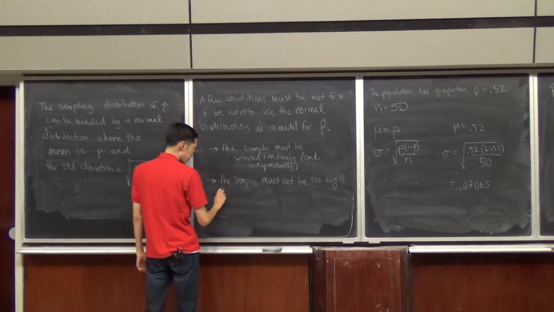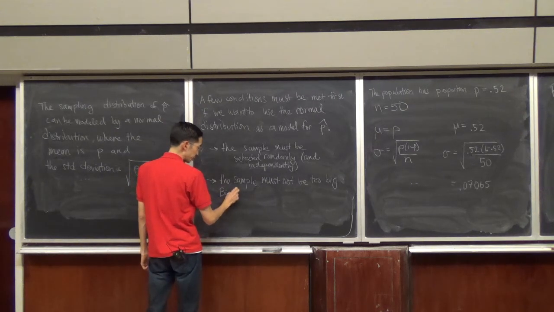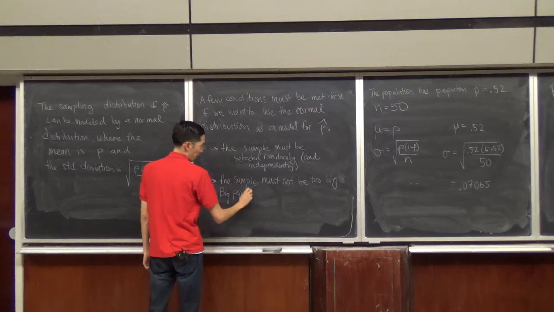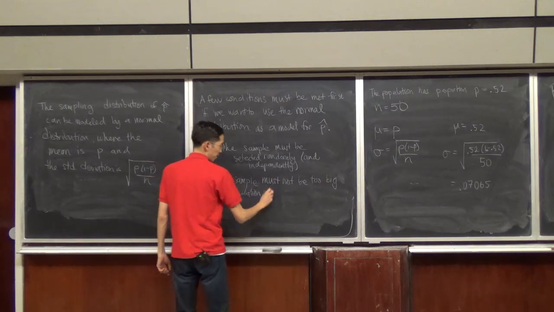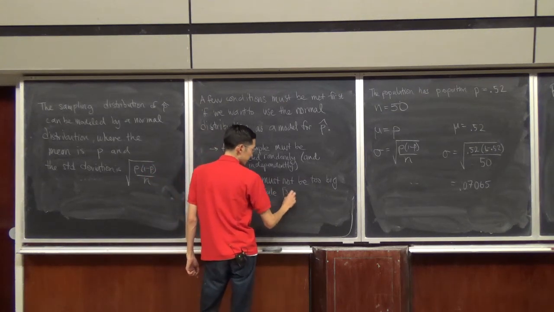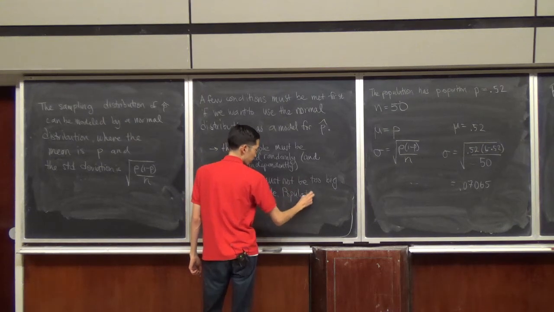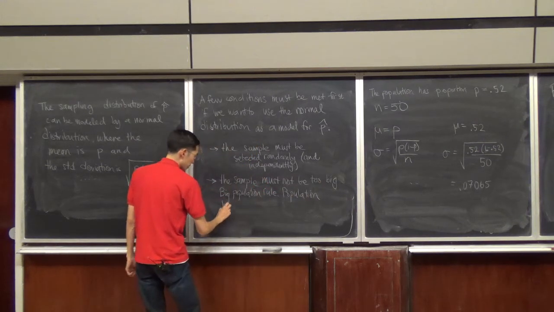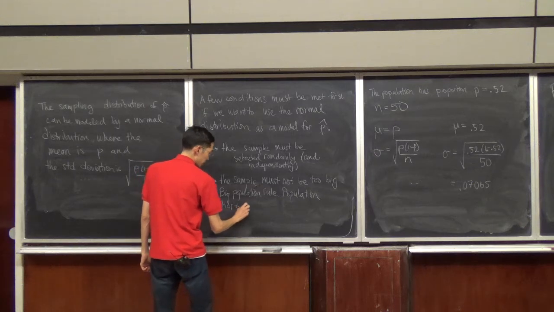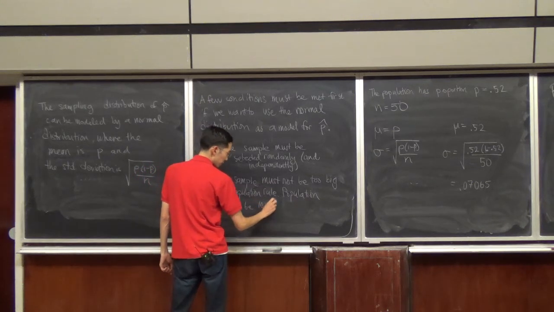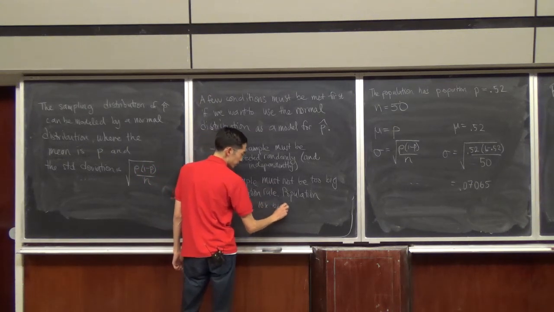This is sometimes called the big population rule. The population has to be 10 times bigger than the sample or larger.